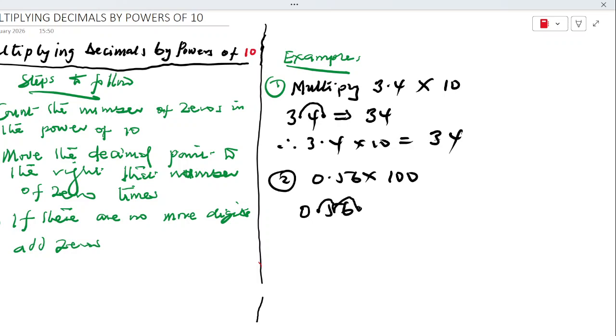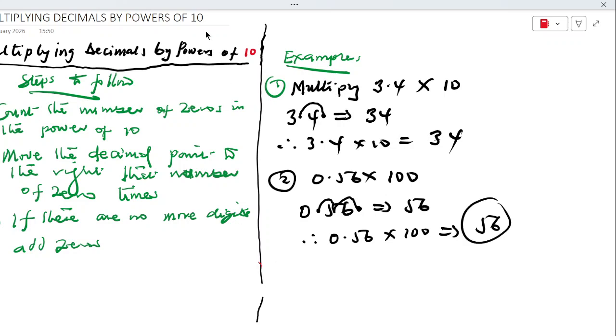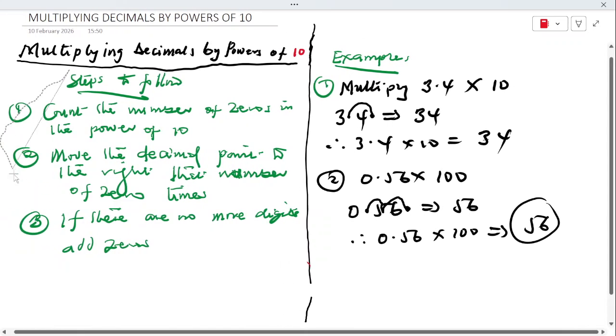So the decimal point will now come here, giving you what? 56. Therefore, 0.56 times 100 is equal to what? 56. That's our answer. All right, so we have example number 3, which will be an application question.